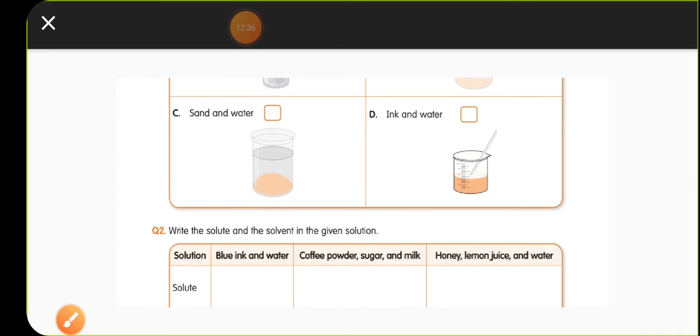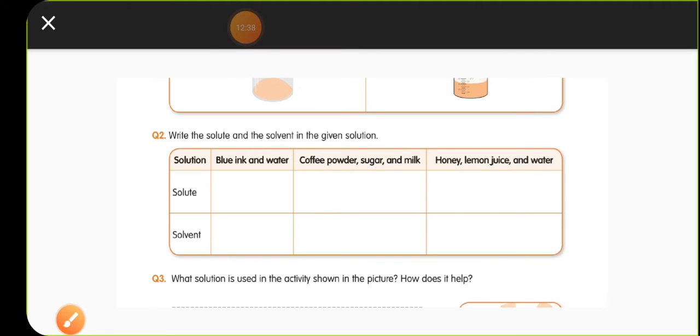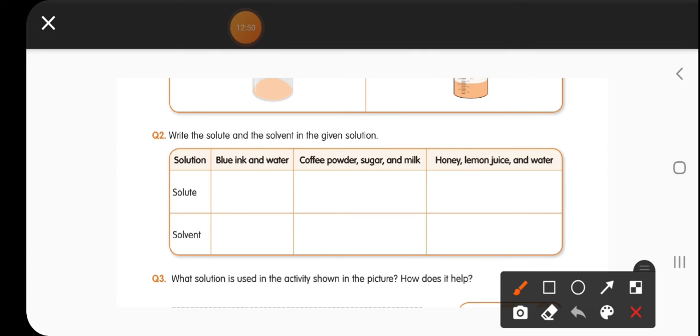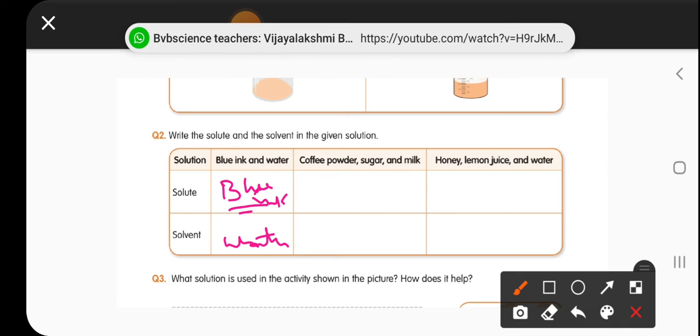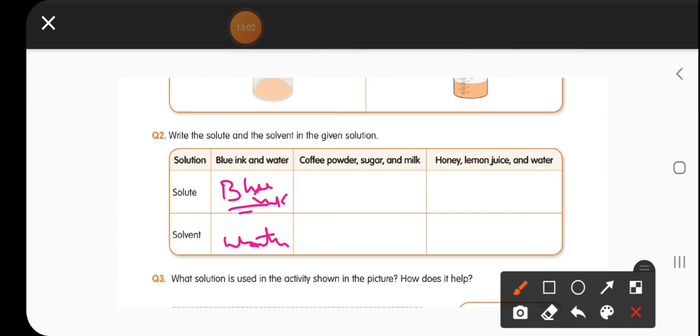Now let us move to the second question. It asks, write the solute and the solvent in the given solutions. They are giving three solutions. First, blue ink and water. Which one is the solute? Blue ink is the solute and water is the solvent, because ink is taken in a smaller quantity and water, which dissolves the blue ink, is in a larger quantity. Next, coffee powder, sugar and milk.